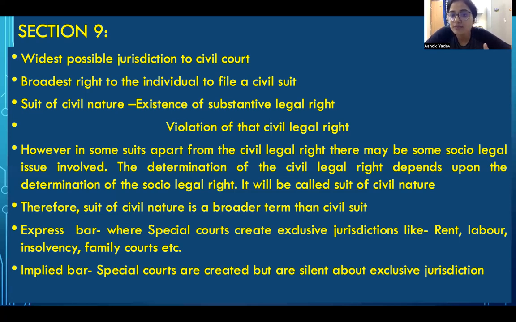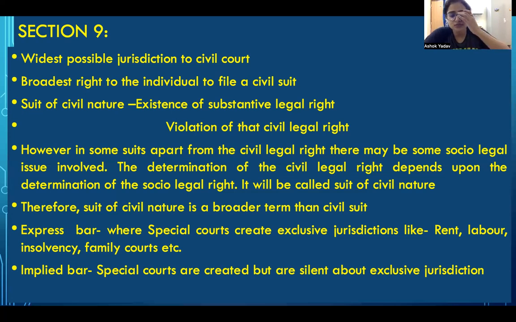Now, when talking about implied bar, in some cases there are special courts which are created and they do not have any exclusive jurisdiction clause, or they are silent about it. So it might happen that the plaintiff might think that he can file the suit either in a normal civil court or in that special court, but this is not the case. In such cases, like the Consumer Protection Act, there is nothing clearly written about an exclusive jurisdiction clause, right?